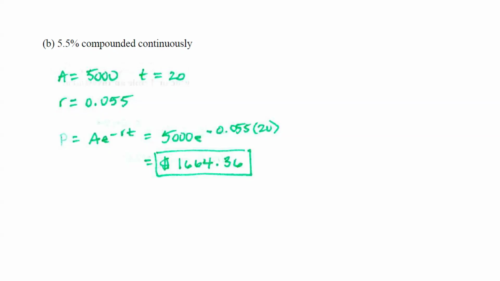So for a return of 5.5% compounded continuously, we'll pay $1,664.36 for the bond. Okay, so that means the lower interest rate means you need to invest more today to reach the same 5,000 goal. So lower returns require bigger initial investments.